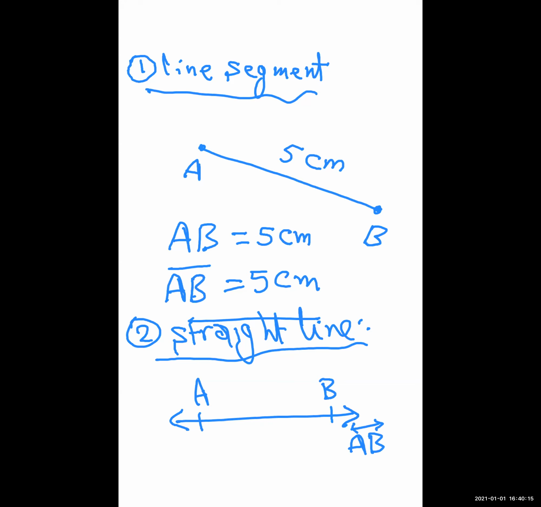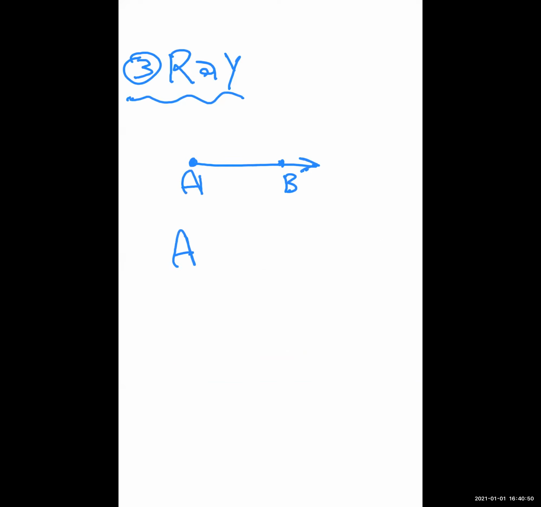Then, guys, the next point in this concept is the ray. Number 3, the ray. Actually, the ray is a line segment extended from one side only, without limit, like this. If it's AB, it will be like this. This will be A, and this will be B. So this is the ray AB, and we can denote it like this, guys, AB, and its symbol will be like this.